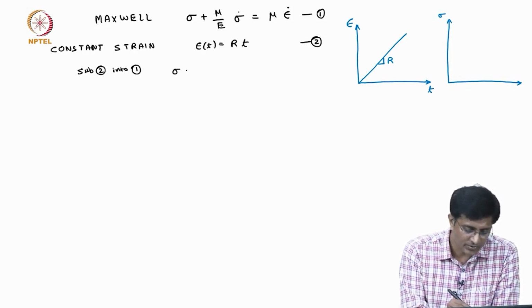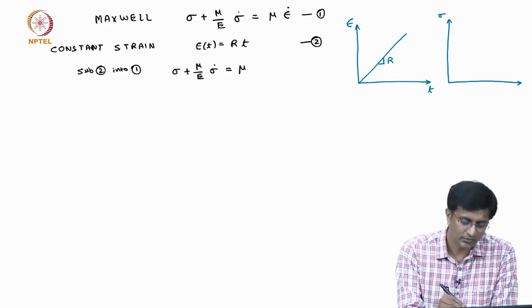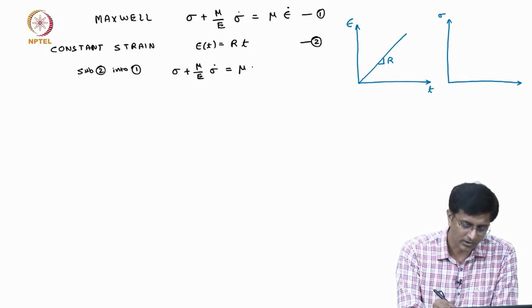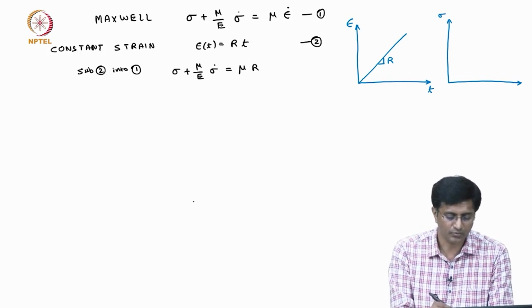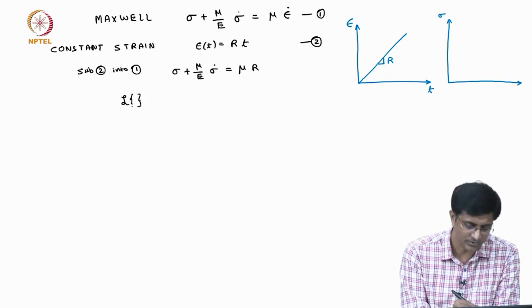So, that should give sigma plus mu by E sigma dot equals mu times the derivative of the strain, which is nothing but r. So, it will be mu r. Now, let us apply the Laplace transform on both sides.